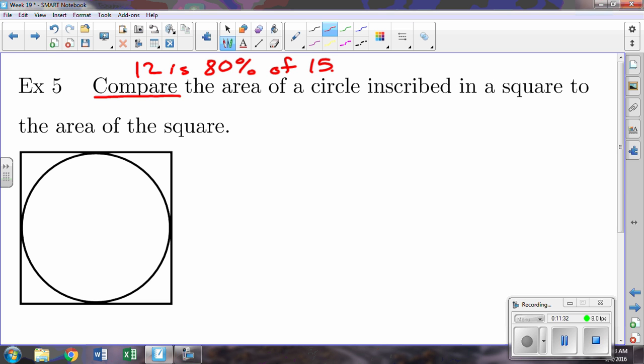Our goal is to write up a statement like that. The area of a circle is some kind of percent of the area of this square. We're trying to figure that out.